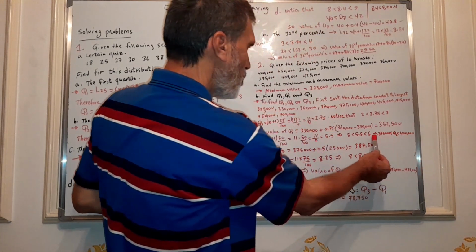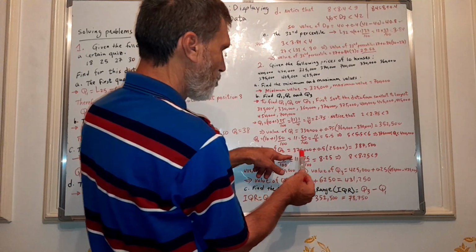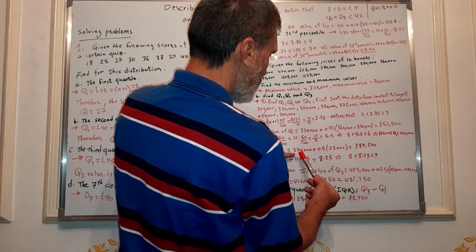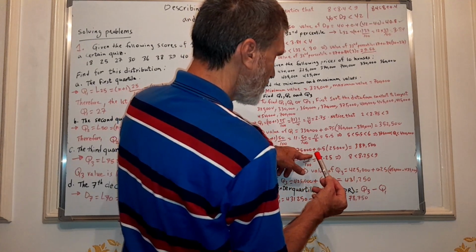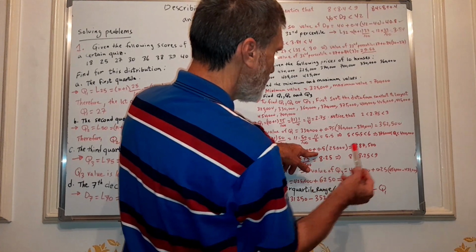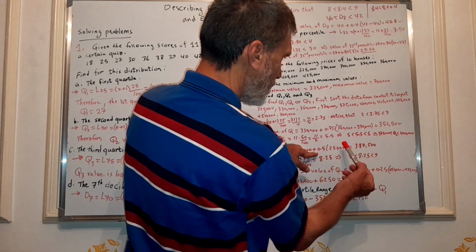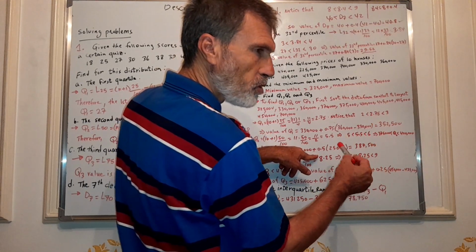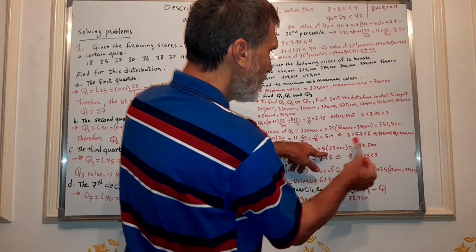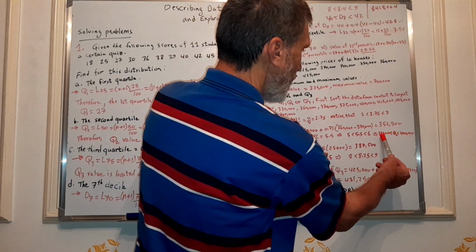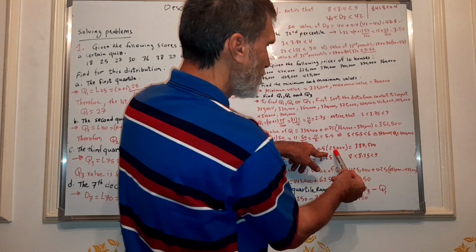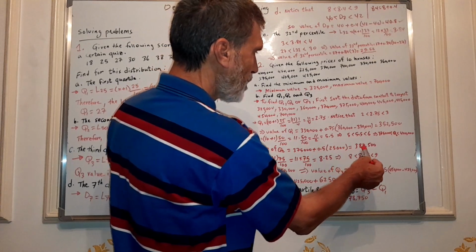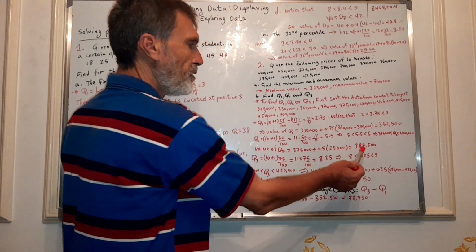So the value of Q2 is going to equal 375,000 plus, of course, 0.5 here. Remember, 5.5 is 5 plus 0.5. So we take 0.5, the decimal, times the difference between 400,000 and 375,000. The difference is 25,000. We multiply this, we come up with 387,500. This is the value of Q2.